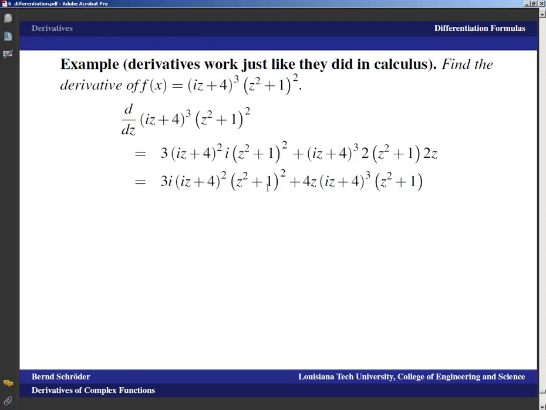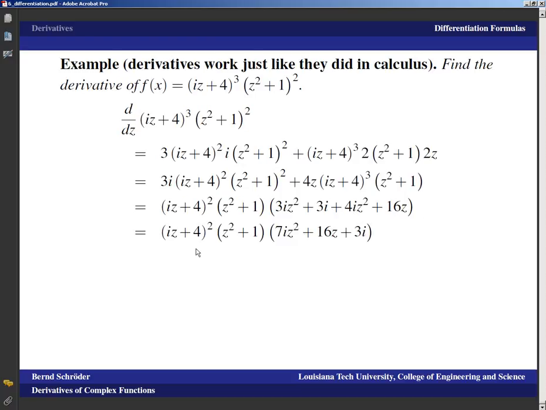First of all, we clean things up. The 3 and the i becomes a 3i, and the 2 times 2z becomes a 4z. Now we factor out an (iz plus 4) squared and a (z squared plus 1). That leaves us with, from the first one, 3iz squared plus 3i. And from the second one, it leaves us with 4iz squared plus 16z.